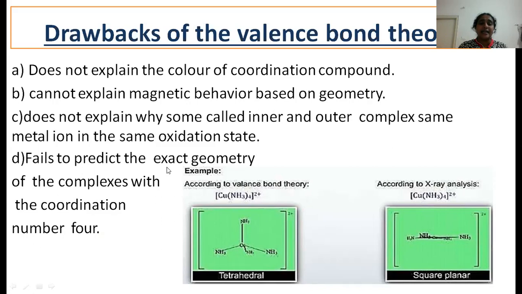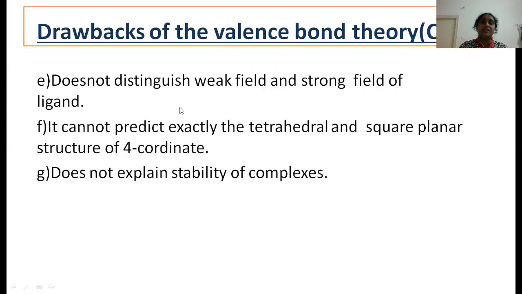It fails to predict the exact geometry of complexes with coordination number 4, because if the coordination number is 4, some have tetrahedral geometry, while according to X-ray others show square planar. It fails to explain the geometry for the same oxidation number and the same metal, and does not distinguish which are weak field ligands and which are strong field ligands.